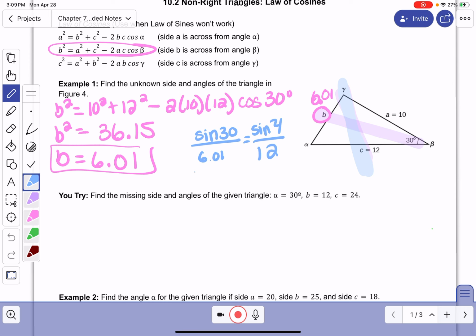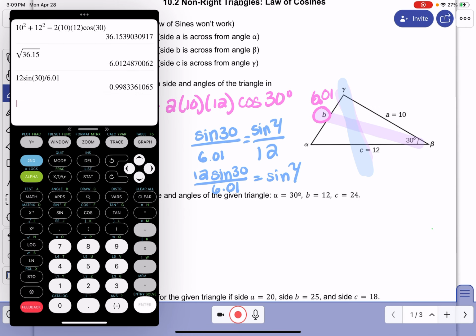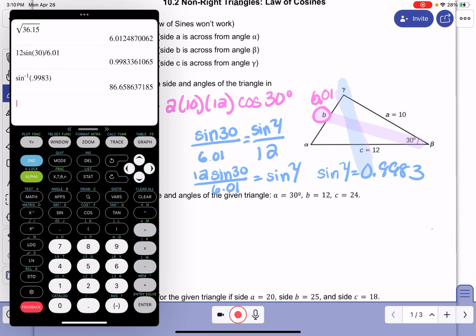So we cross multiply. 12 times sine 30 divided by 6.01 equals sine of gamma. Type that in the calculator. The sine of gamma is 0.9983. To undo that, we do the inverse sine, and we get 86.7 degrees.